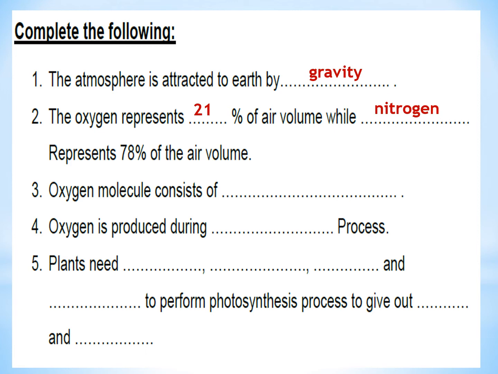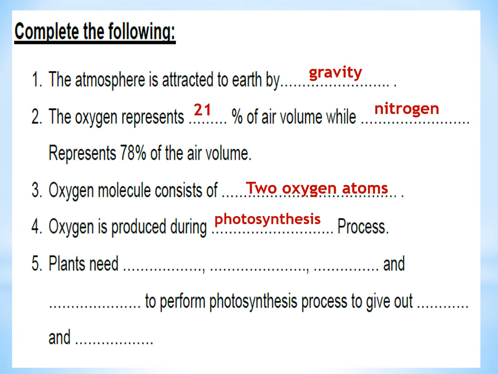Number 3. Oxygen molecule consists of space. The answer: oxygen molecule consists of 2 oxygen atoms. Number 4. Oxygen is produced during space process. The answer: oxygen is produced during photosynthesis process.